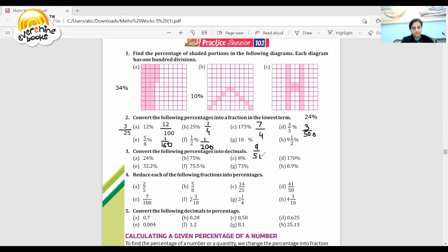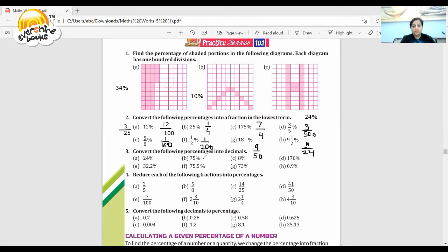For 9 whole number 1 upon 2, first of all you have to make it in a proper fraction, then the answer will come in 19 upon 200. So this is the part of fraction.